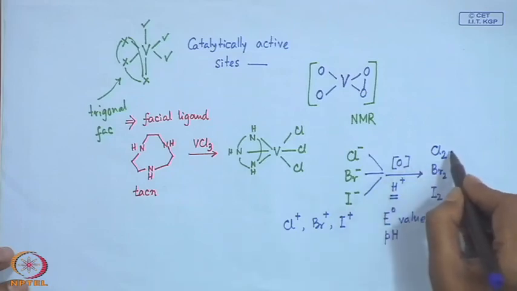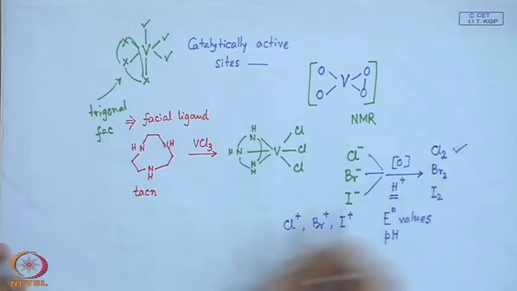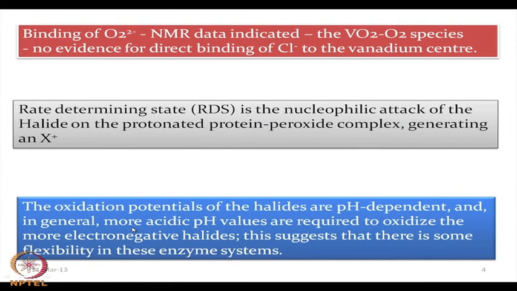So, when we try to oxidize Cl minus to get Cl2 or Cl plus, we should have a very acidic pH value for the more electronegative halide oxidation.